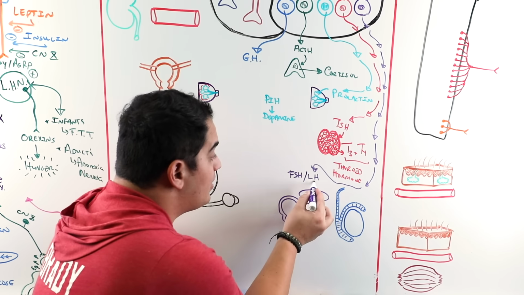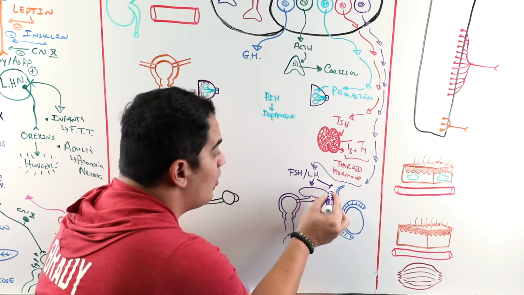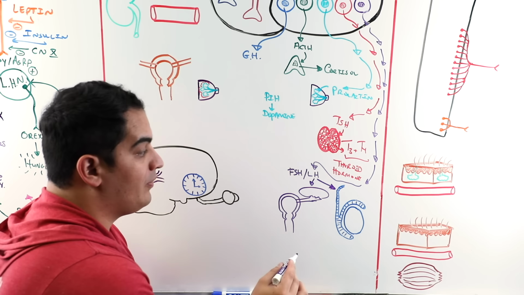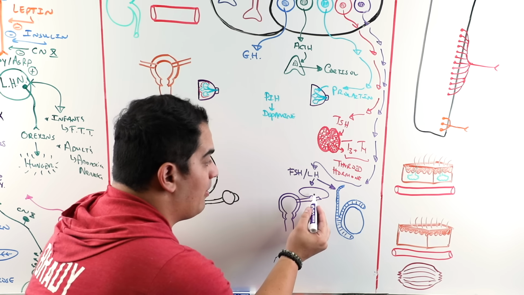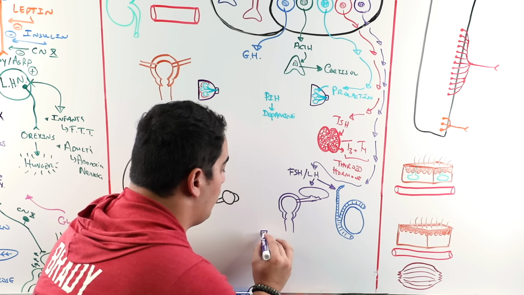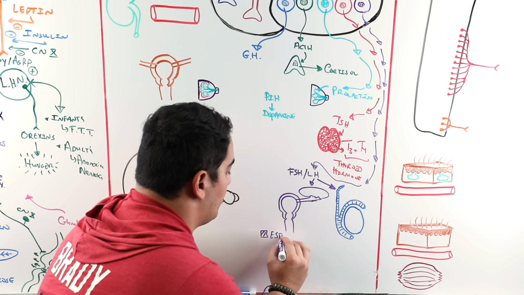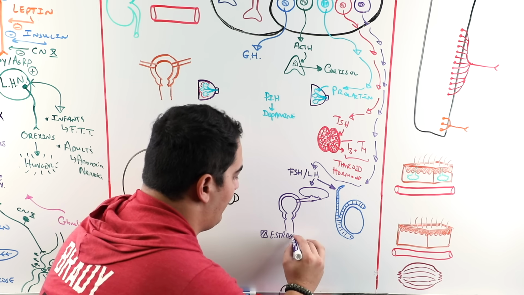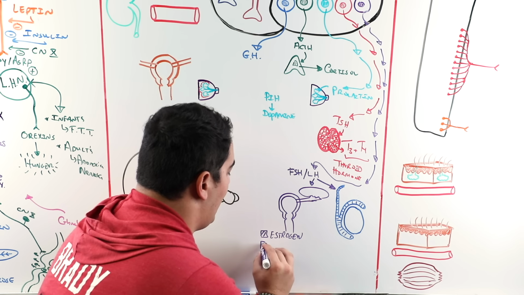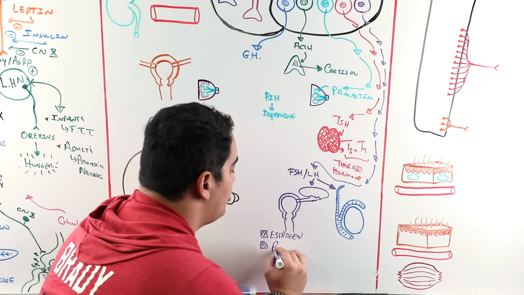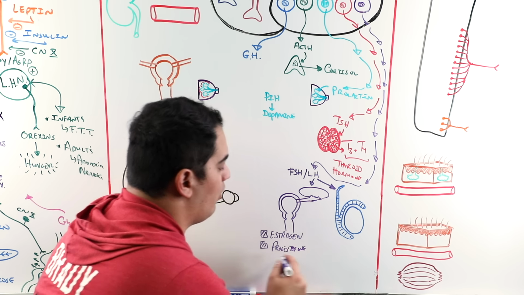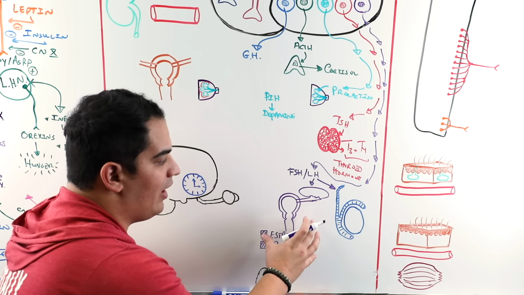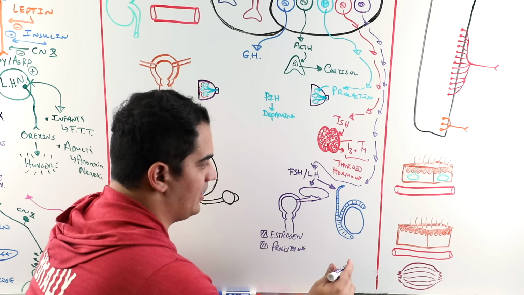Now, follicle stimulating hormone and luteinizing hormone can act differently between male and female. In the female, it's responsible for what types of things? It's responsible for estrogen production, particularly from the FSH. And then the LH is important for progesterone production. And obviously it's important for the entire reproductive development and secondary sex characteristics.